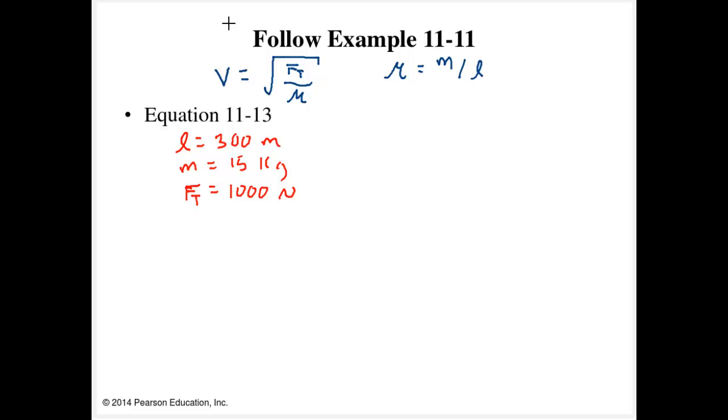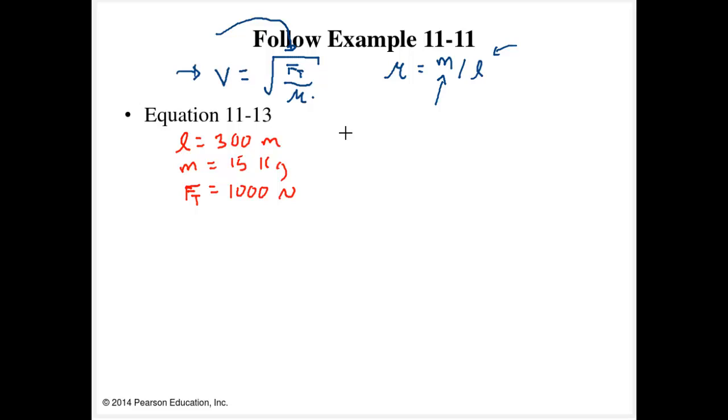What this is really saying is if you increase the tension on a wire, then the velocity can essentially go up. If you increase the mass of a wire, then that's going to increase this mu, and the velocity is going to go down. It's harder for the wave to go down essentially because there's more mass, there's more inertia to overcome. And the same type of argument with the length.